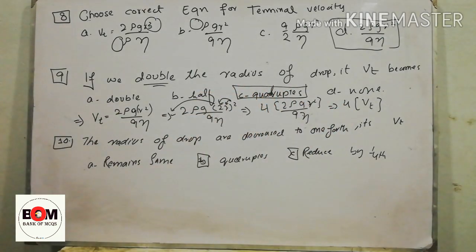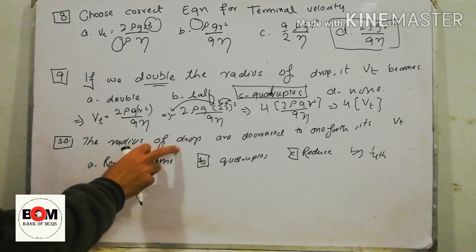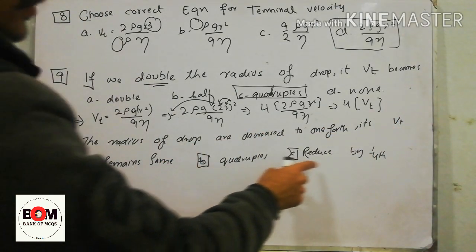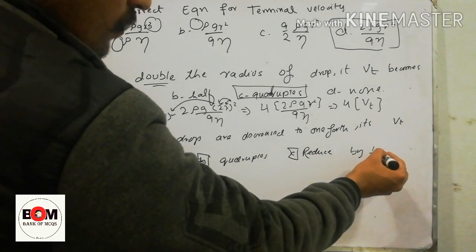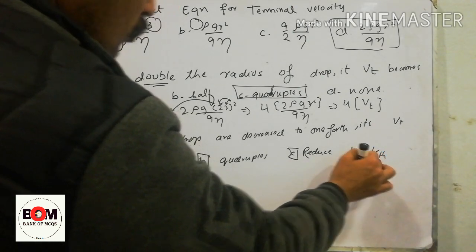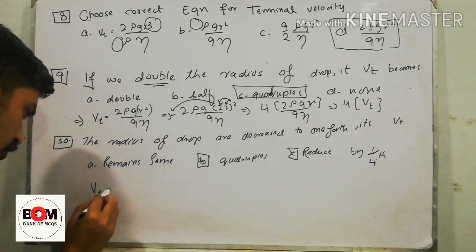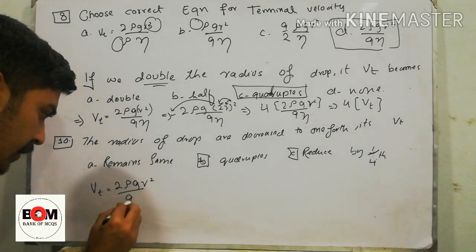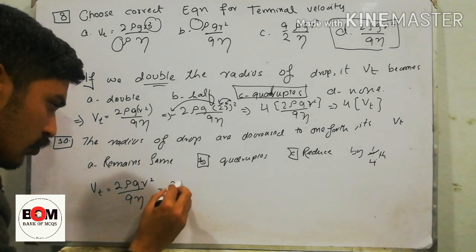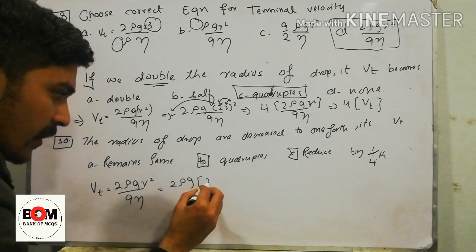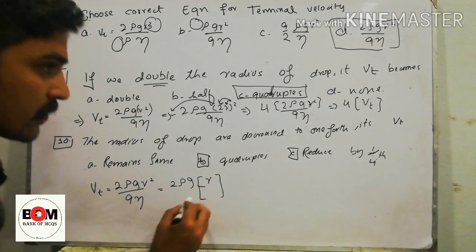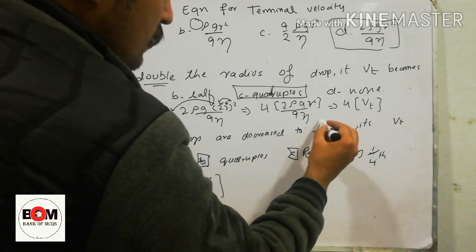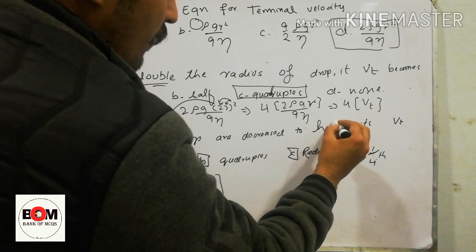Option C is right. Now MCQ 10: if the radius of a drop is reduced to 1/2, its Vt remains the same, quadruples, or reduces by 1/4. So we know that Vt is equal to 2ρgr² divided by 9η. With 2ρg, the r is reduced to half.